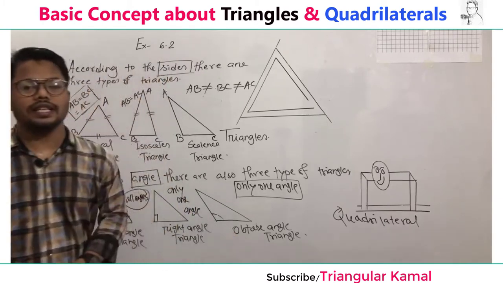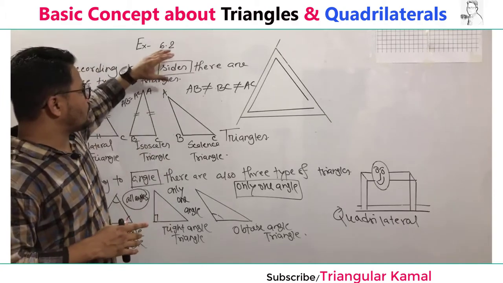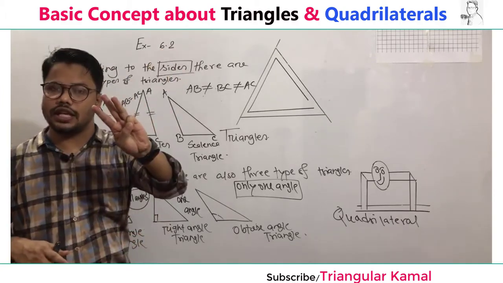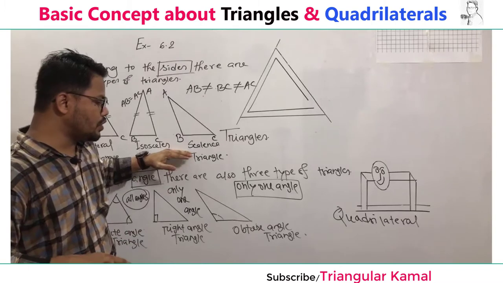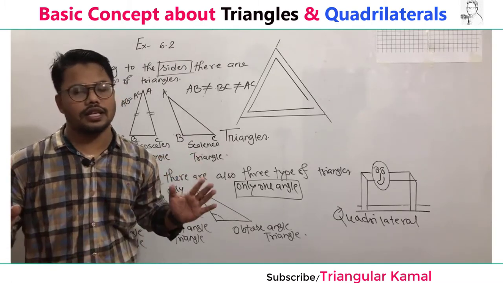So basically you see here 6 types of triangle. According to sides, we see 3 types of triangle. According to angles, there are also 3 types of triangle. I think this is very clear to all of you.